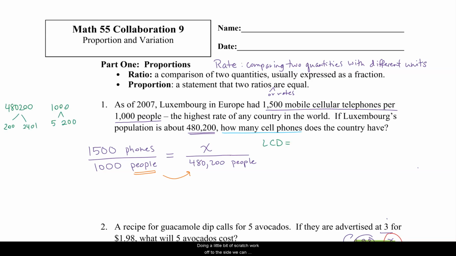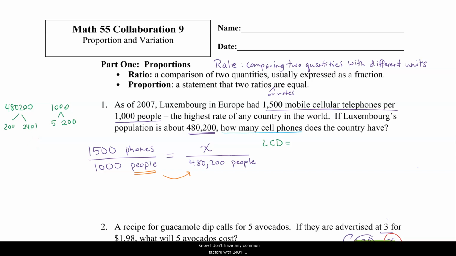Doing a little bit of scratch work off to the side, we can break down 1,000 as 5 times 200. And then using that calculator, 480,200, I can divide by 200 and I end up with 2,401. And it turns out 2,401 is 49 squared, or 7 to the 4th power.